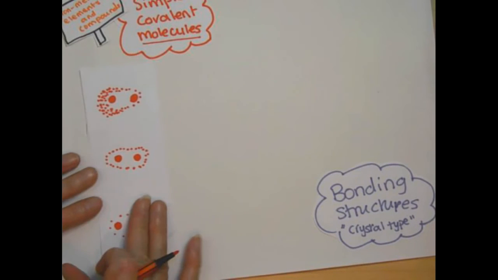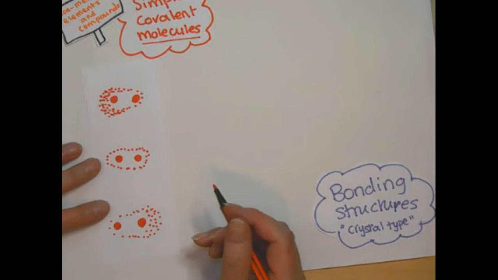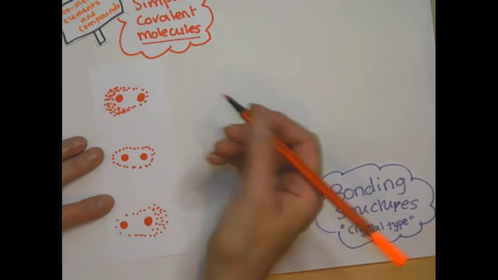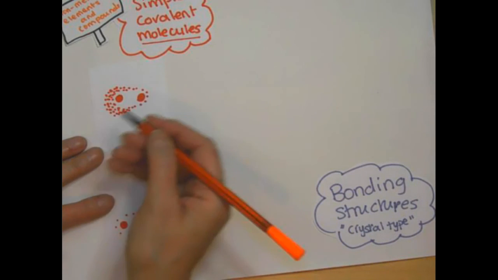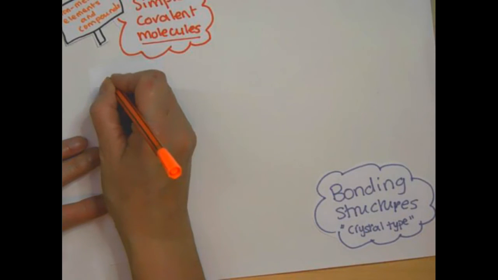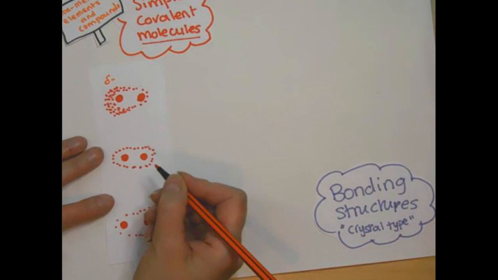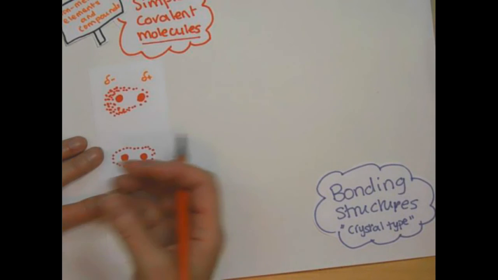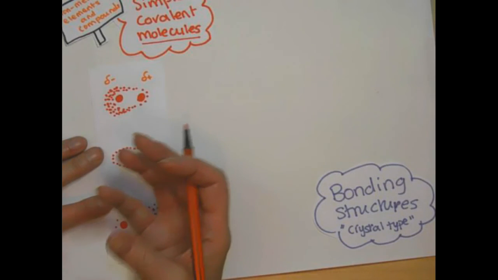So this would be something like hydrogen or iodine or chlorine, nitrogen, oxygen. And if we've got electrons more to one side, then that's slightly more negative than this side. So overall, this molecule is neutrally charged. There's no charge to it.